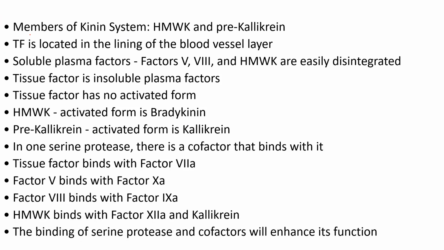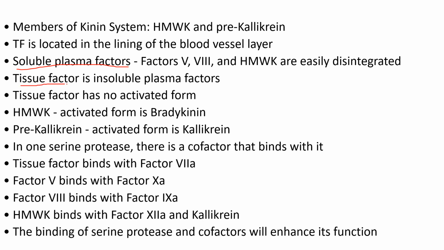Now let's talk about the summary, class. The members of the kinase system would include your HMWK and your prekallikrein. Tissue factor is located in the lining of the blood vessel layer. Now I want you to remember this: soluble plasma factors would include your factor 5, 8, and HMWK.